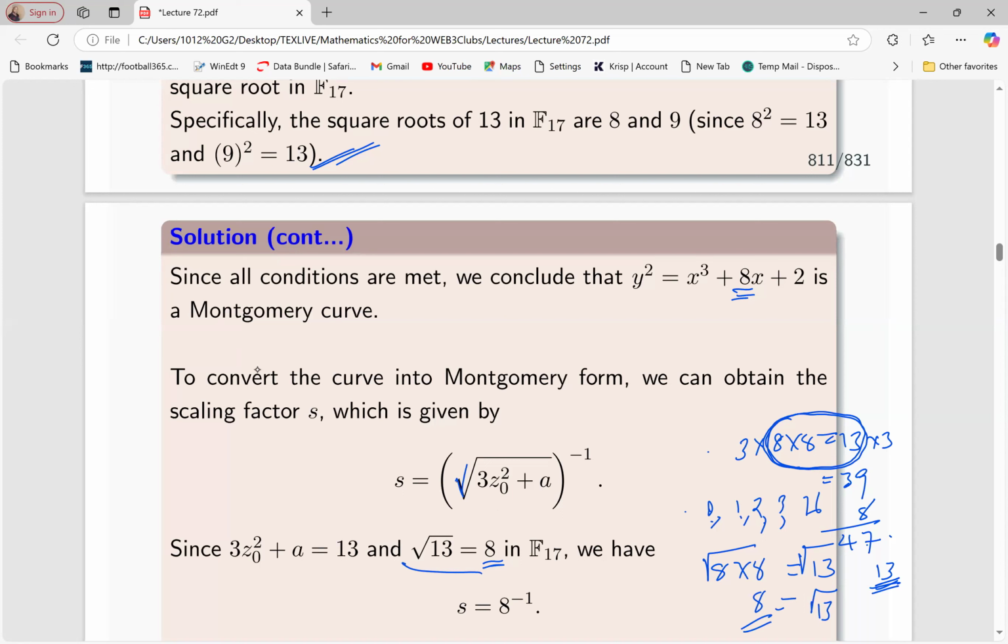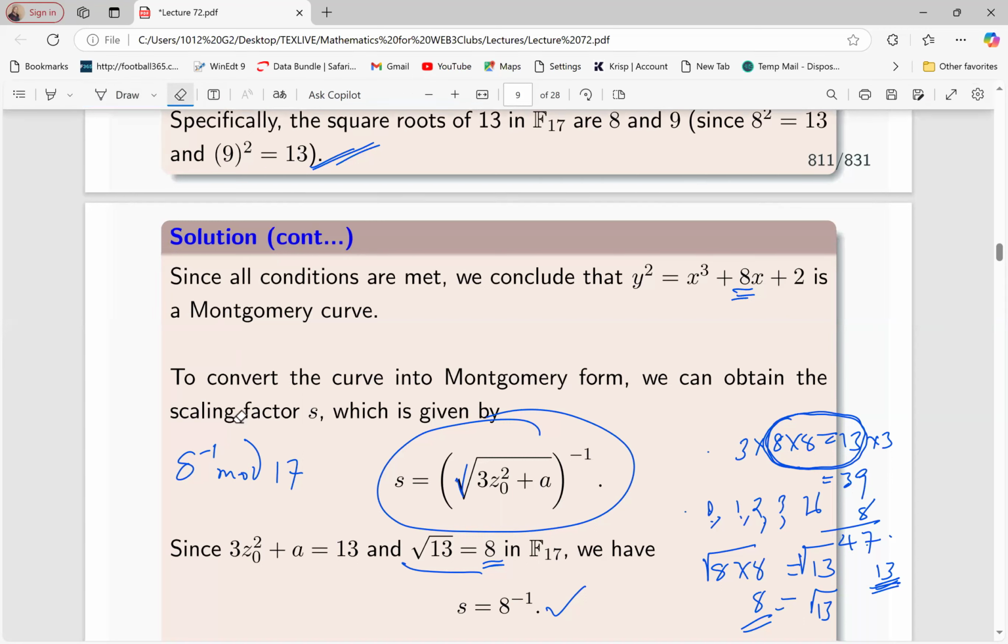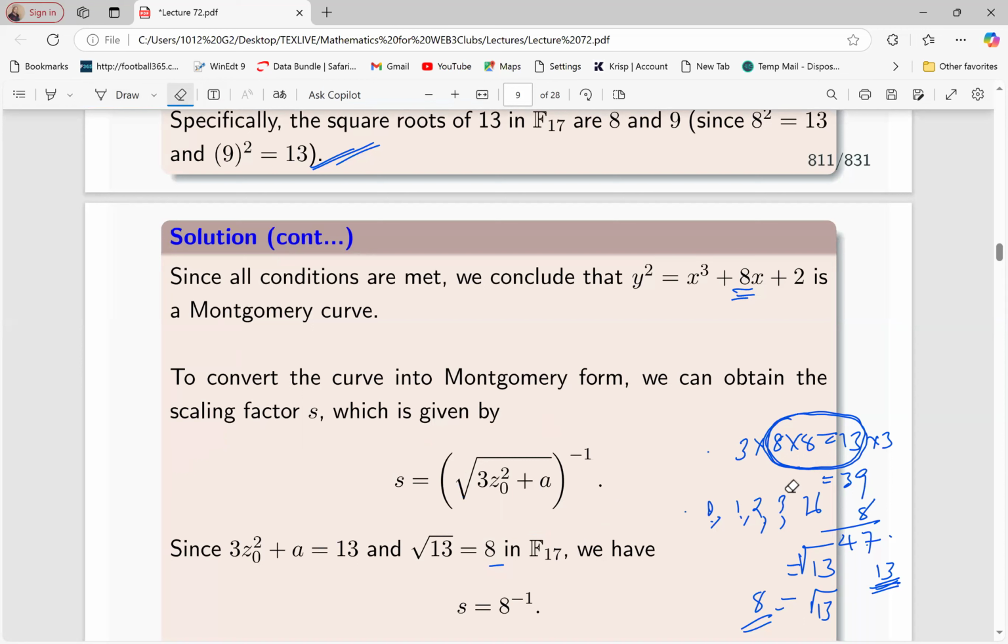Now, the inverse of the square root of this is what we call S. How do we get this inverse of 8? You're using the extended Euclidean algorithm. Of course, we also use the code to find the inverse of 8. You can also use trial and error.